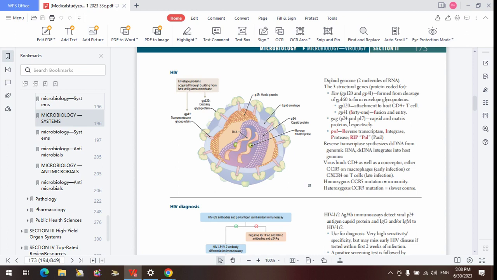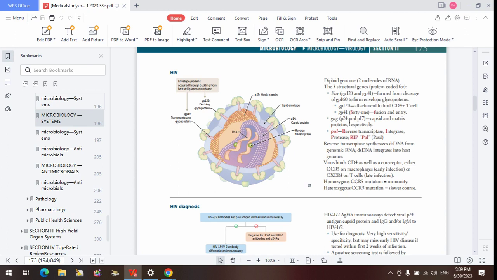Do you understand? Now, what will happen is, when they have cleaved it like that, they will go and attach it to the plasma membrane of that T cell. Now, when they want to leave, they will form budding. They will leave as a bud, taking away a fragment of the plasma membrane of the T cell that contains that GP120 and GP41, so that it will not be attached to its own envelope.